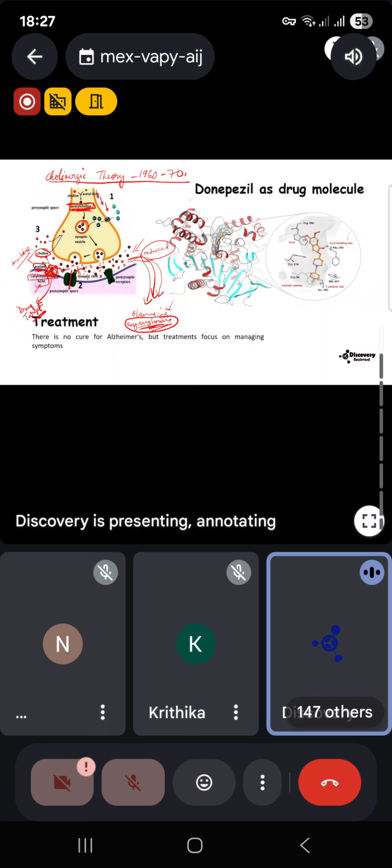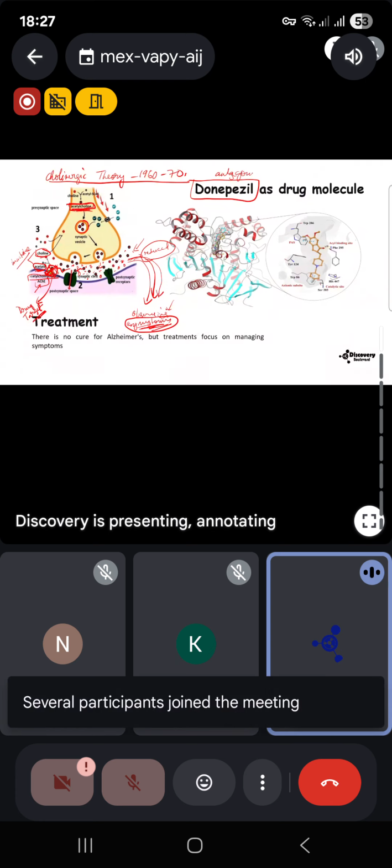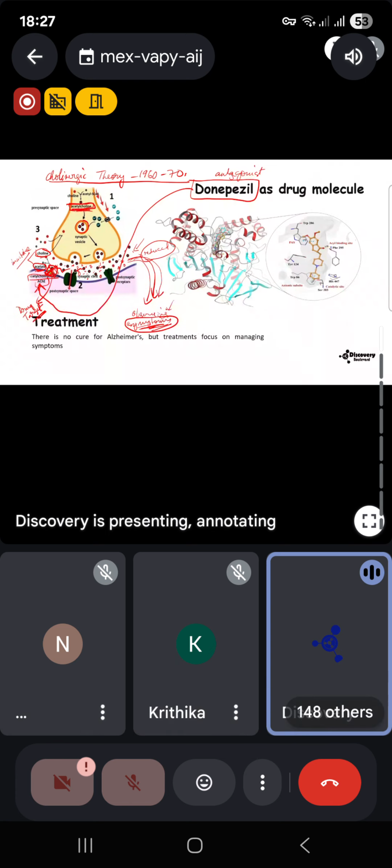That is exactly what donepezil does. This is an antagonist for this enzyme called acetylcholinesterase. This drug molecule donepezil comes and interacts with the enzyme acetylcholinesterase and inhibits its function.